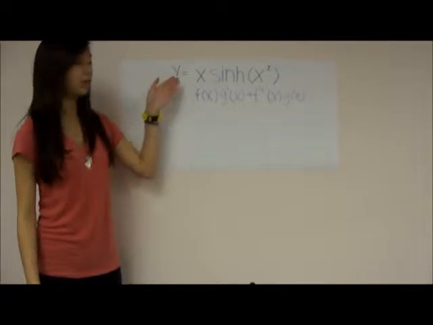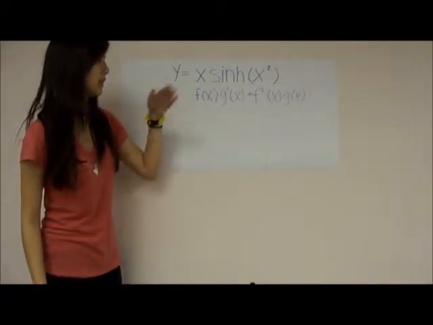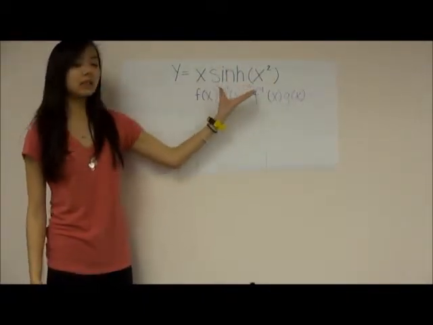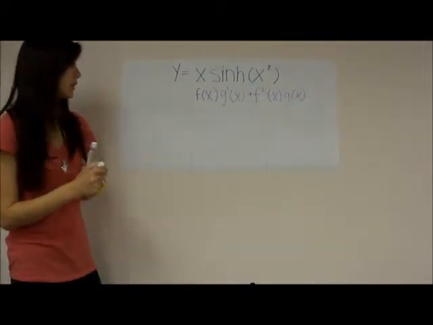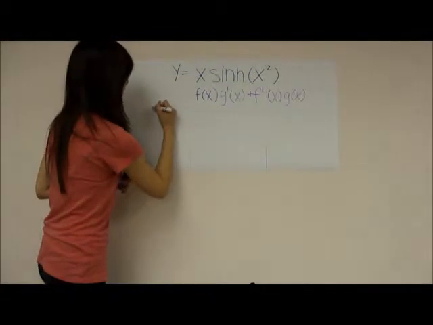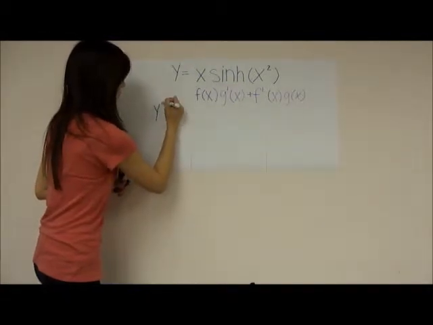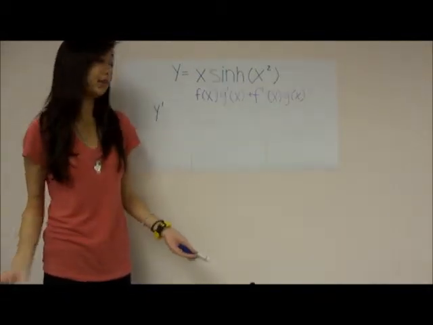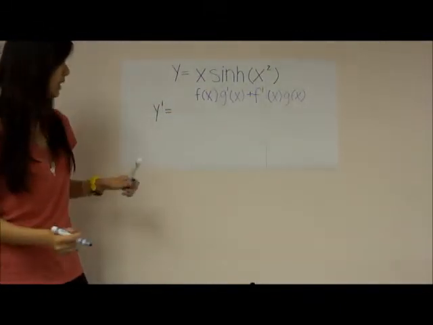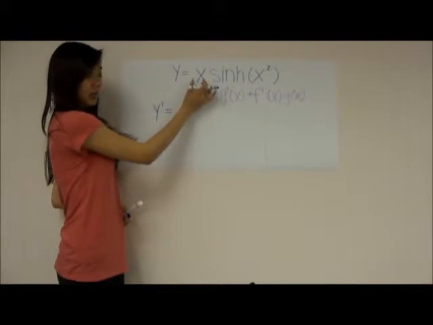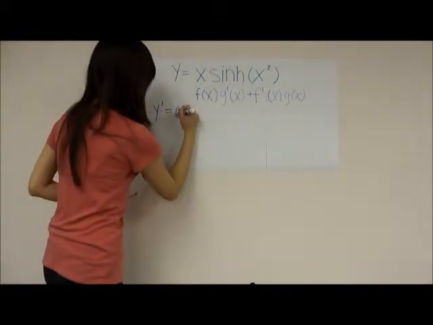So for this function, we'll have f of x equals x and g of x equals hyperbolic sine of x squared. So to start, we'll have y prime, which is how the derivative of y can be denoted, equals. So for our f of x, we have x.